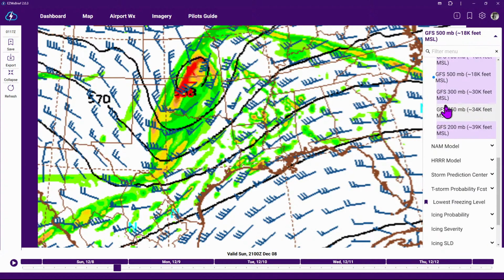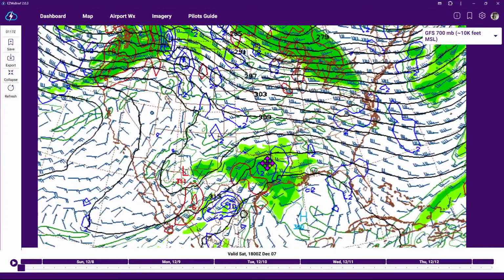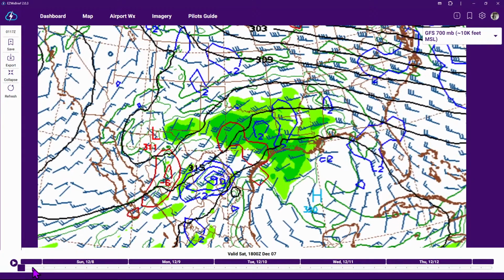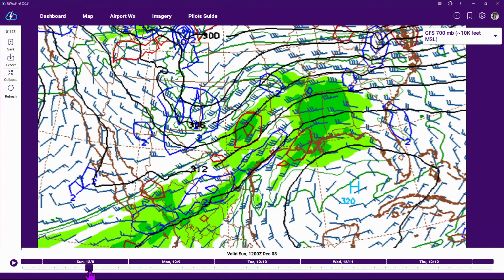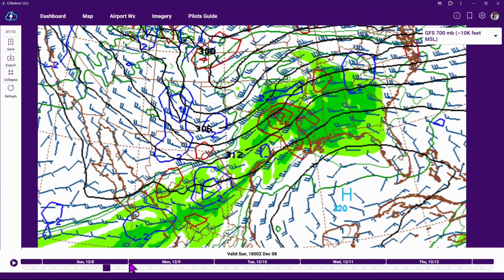If we look at the 700 millibar charts, this allows us to see what's happening around 10,000 feet. Specifically, I want to look at this omega field, which is a really good indication of how much support you're going to have from the lowest levels into the mid levels of the atmosphere. Anywhere you see this red area, this is what we call negative omega.